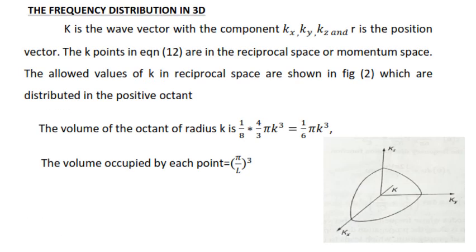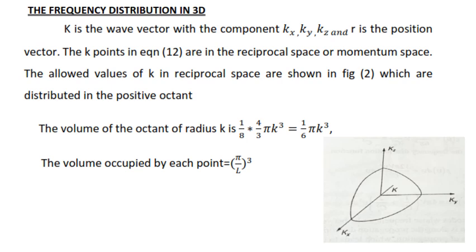Now, how should the frequency be distributed in 3D? If k is the wave vector with components kx, ky, kz, and r is the position vector, kx along the x direction, ky along the y direction, kz along the z direction, then from the equation 12 it represents the reciprocal space or momentum space.